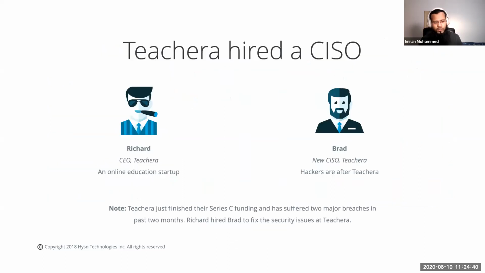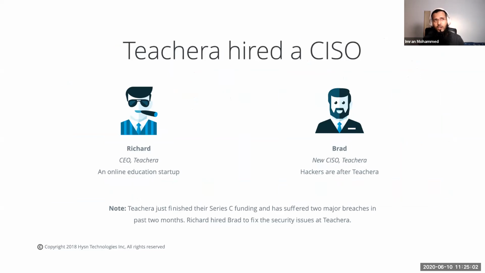So in order to go through the scenario, when we teach it, it's very important that we take a scenario and try to solve it. So we are taking a scenario here, a company called Teachera. It's an imaginary company created by us. We own the domain for that. The CEO is doing pretty well because they got Series C funded just now.